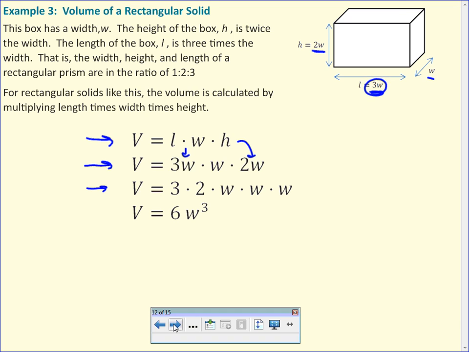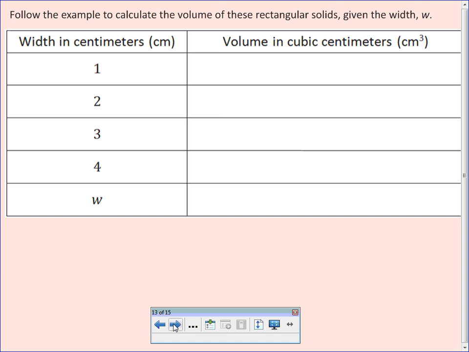Okay? So let's take a look and let's follow the example to calculate the volume of these rectangular solids given the width W. So if it was W times 2W times 3W, W equals 1.